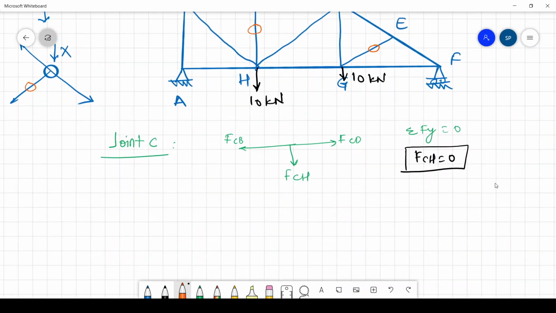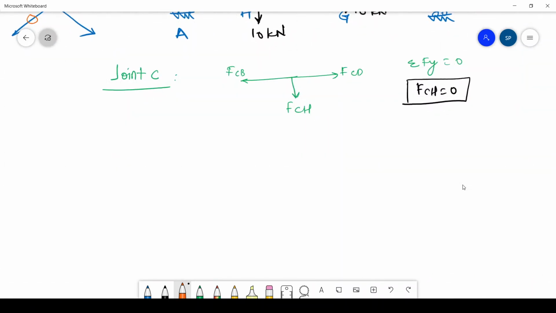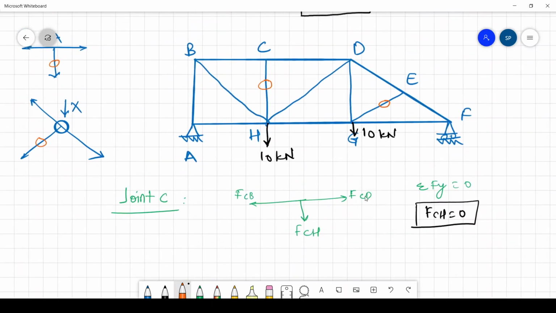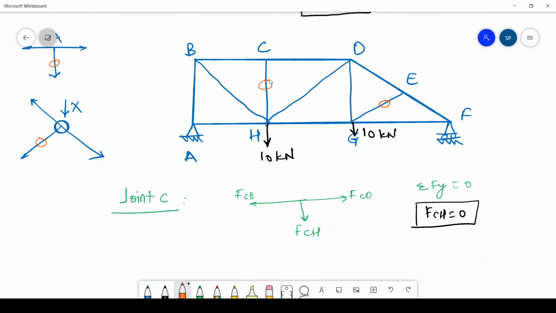Now there may be a question in one's mind: if there is a zero force member, if the member does not carry any load, why does it have to be provided in the structure? Suppose this member CH only, if we consider, why use this member in the structure if it is of no use, or if it is not carrying any load, the force in that member is 0?